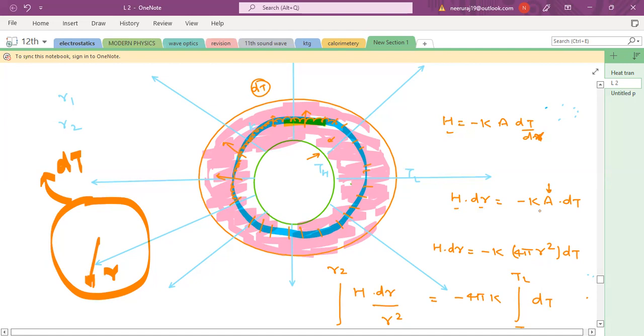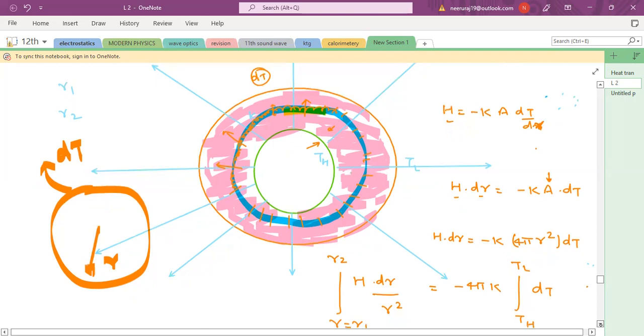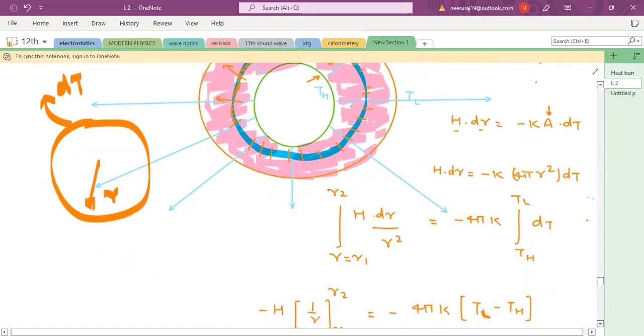Now simply what you need to do: H into dr equals 4 pi K dT, with r square coming to this side. I will integrate: when r equals r1, temperature is T high, and at r2, temperature is T low.